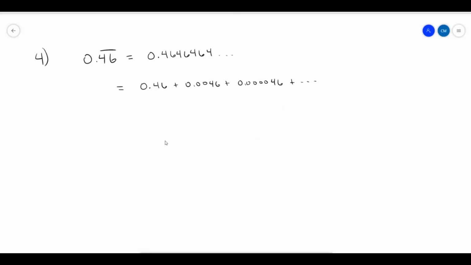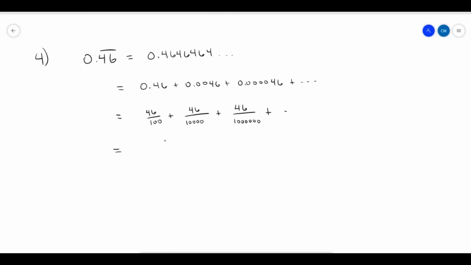Well, notice that that can be written further as 46 over 100, right? And this can be written as 46 over 10,000. And this can be written as 46 over, I need 6 zeros now, a million, I guess. And I can just keep doing that if I wanted to.